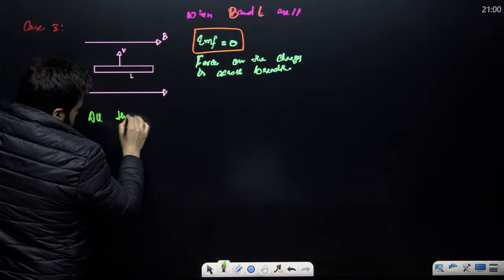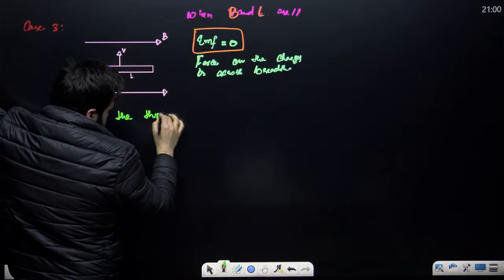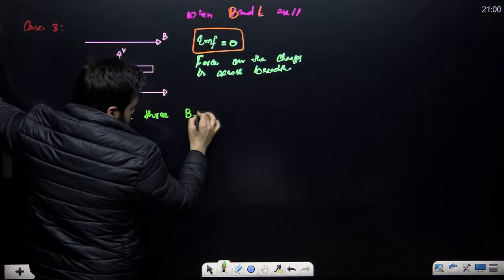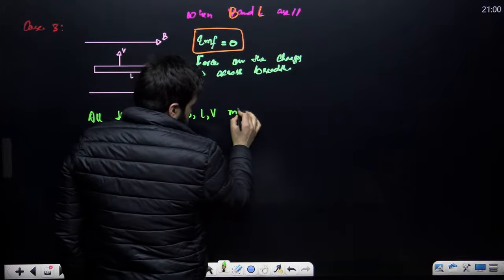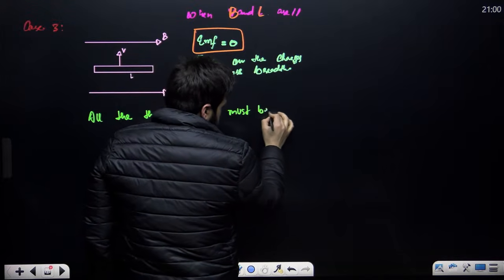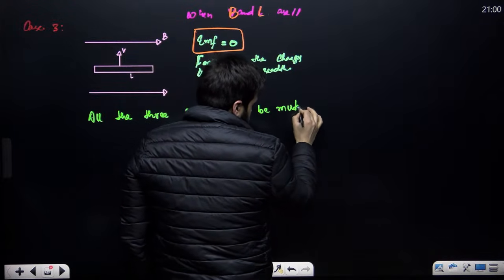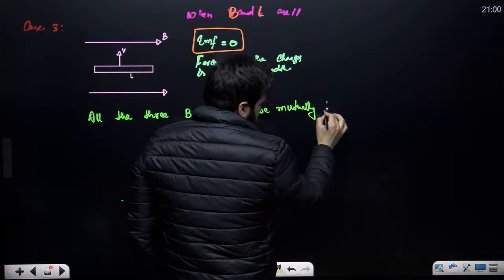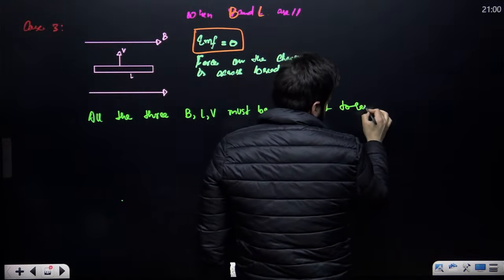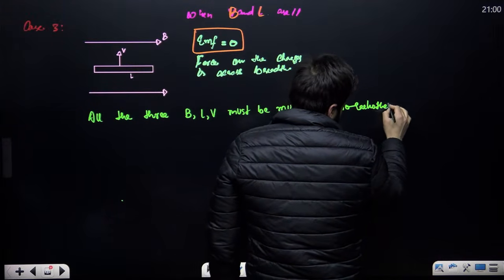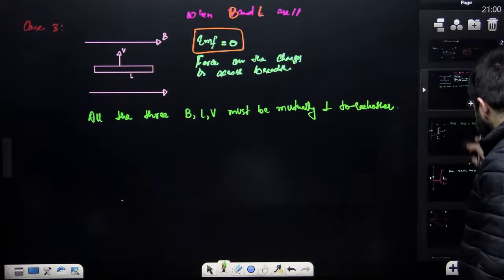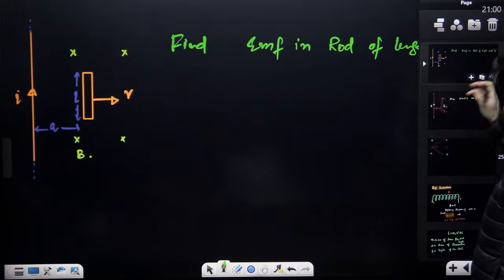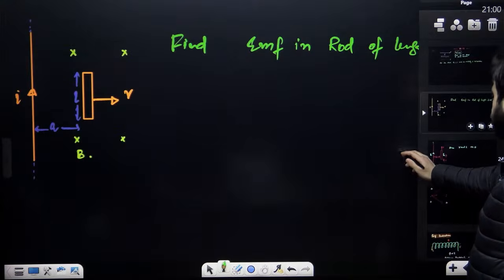All the three, B, L, V, must be mutually perpendicular to each other.